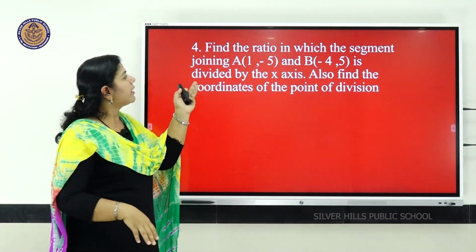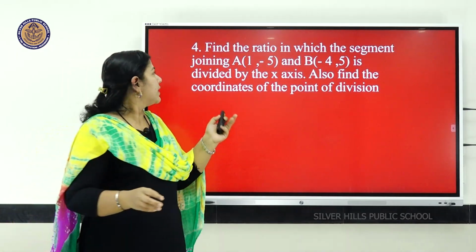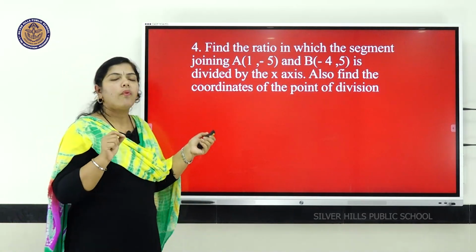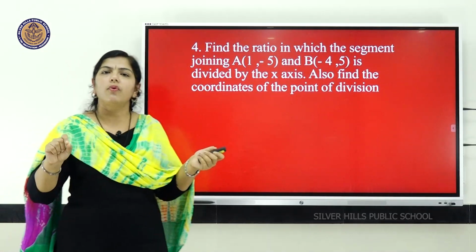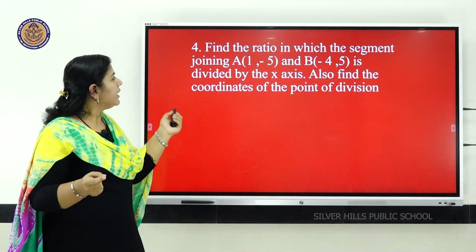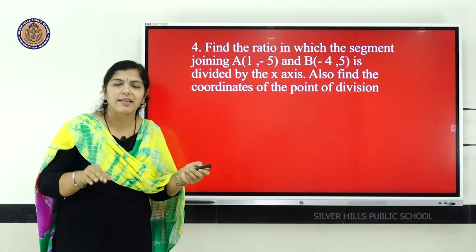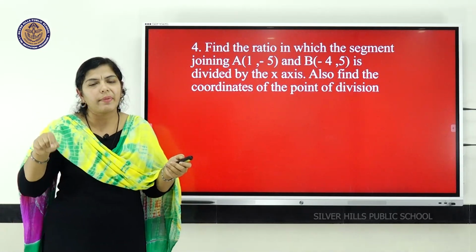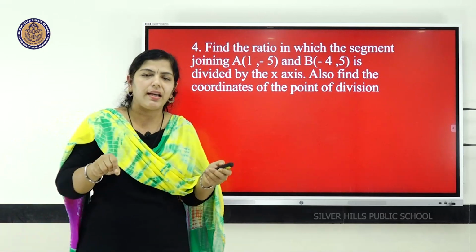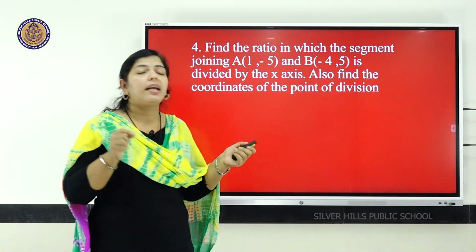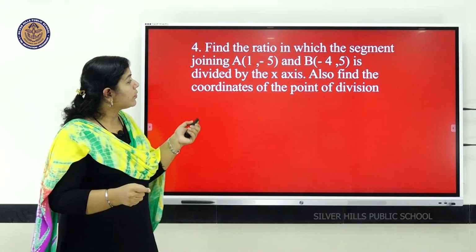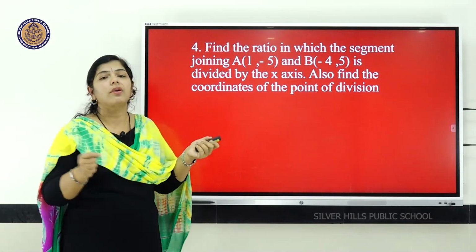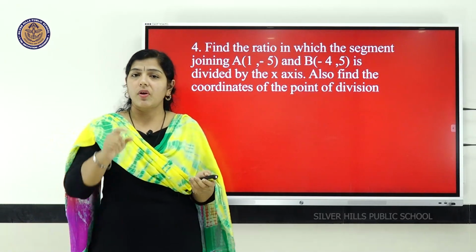See, find the ratio in which the segment joining A (1, -5) and B (-4, 5) is divided by the x axis. It is not mentioning the point directly, it is told that it is divided by the x axis, and also you have to find the coordinates of the point of division, because the coordinates are not given.